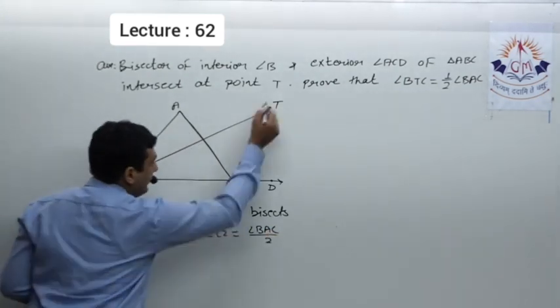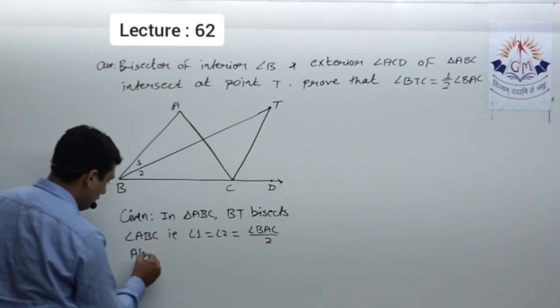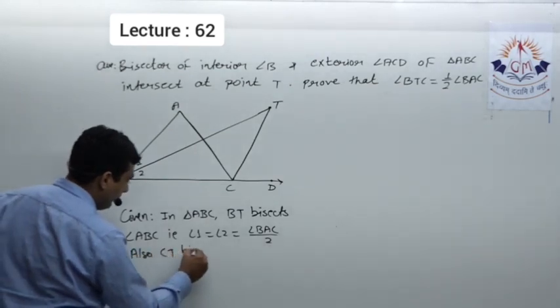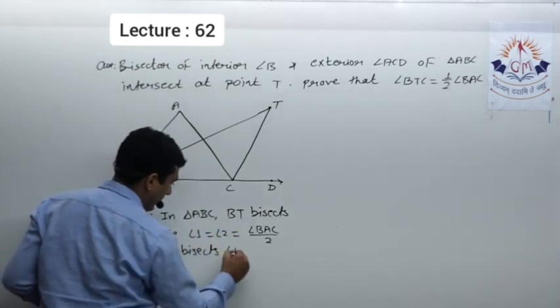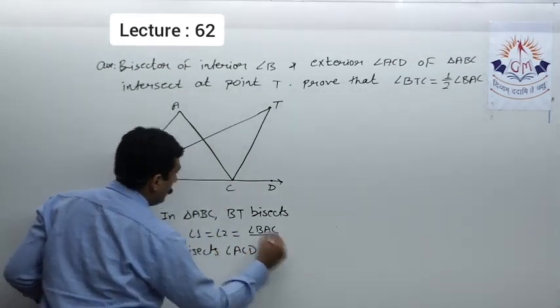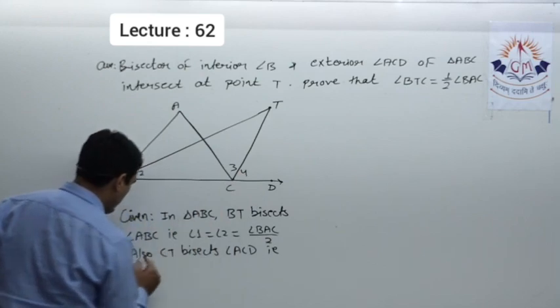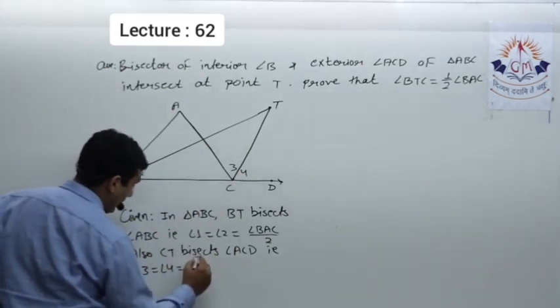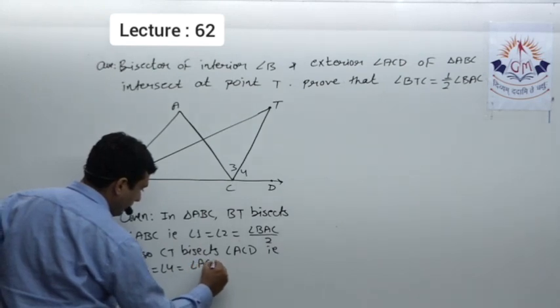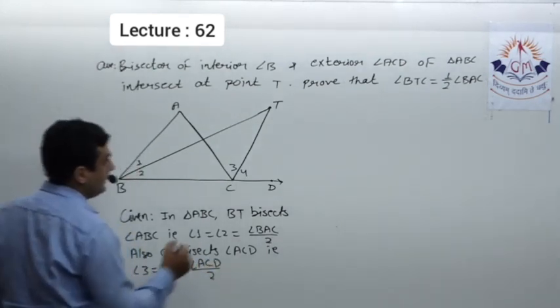Also it is given CT bisects angle ACD, that is, I can say angle 3 is equal to angle 4 is equal to angle ACD by 2, that is given.